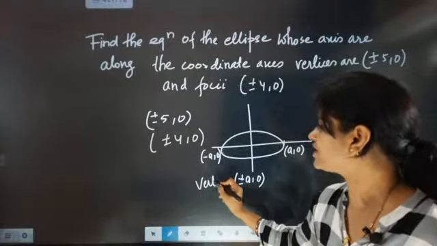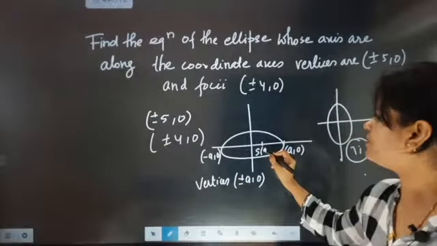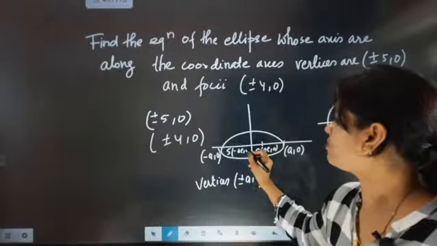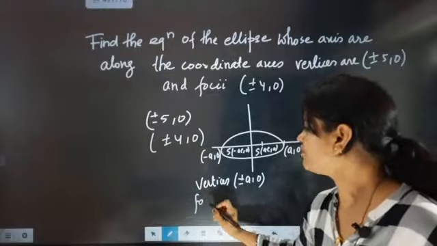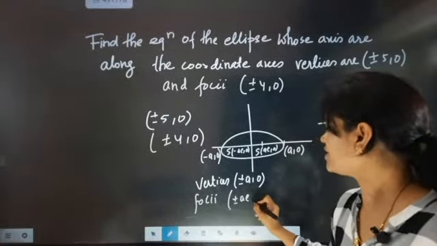And the foci will be ae comma 0 and minus ae comma 0, so foci will be plus minus ae comma 0.